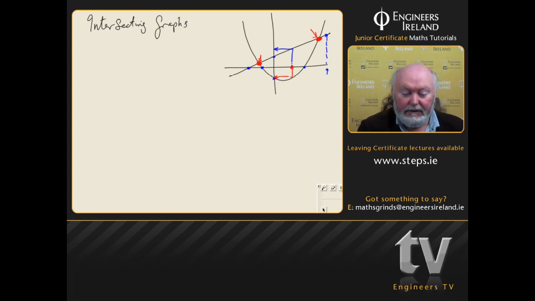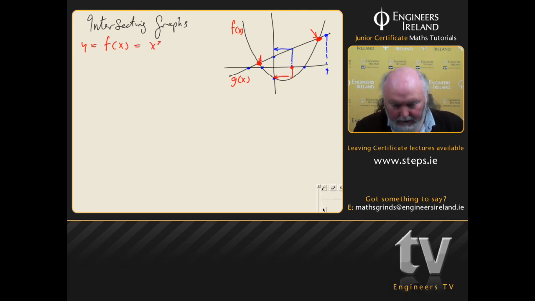We'll just look at this. We're going to call this one f of x, and we'll call this one g of x. Y is the answer that comes from the function when x gets put into it, and the function is x squared plus x minus 6. We also get a y answer from the linear function.